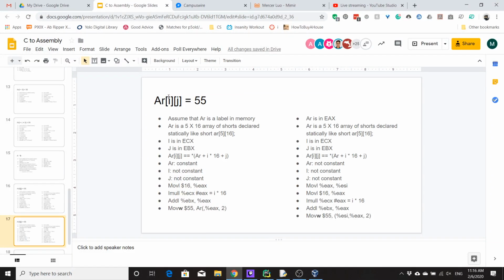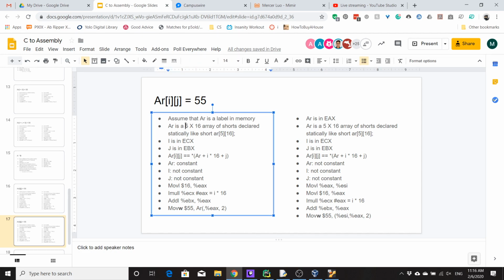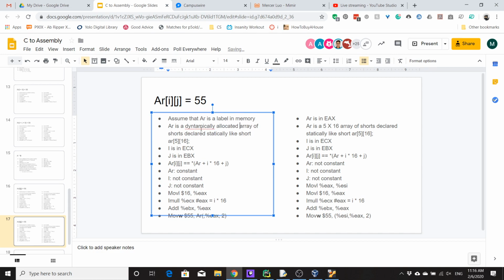Okay, let's say again we're still doing AR at ij equals 55. It's still going to be an array of shorts, but let's assume that AR is a dynamically allocated array of shorts.